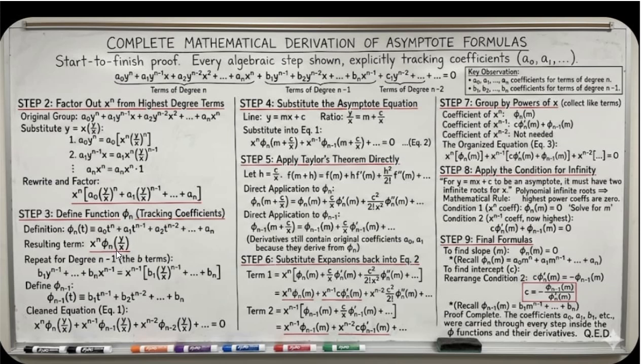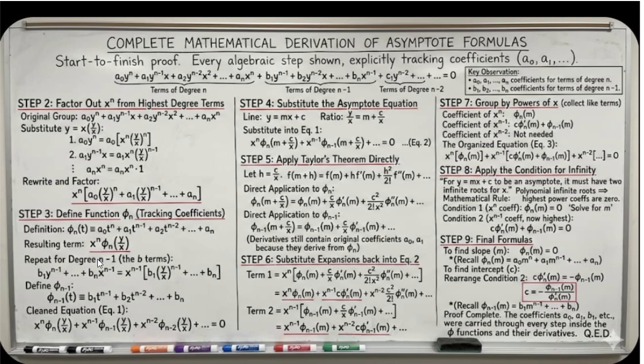How we can rewrite it like this, I will prove at the end. For the meanwhile, just keep in mind that a0 (y by x) raised to n plus a1 (y by x) raised to n minus 1 dot dot an is equal to phi n of y by x. This is the first group.